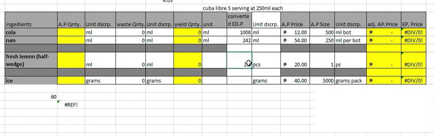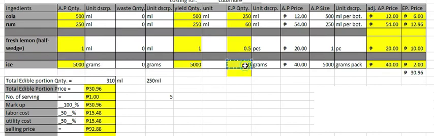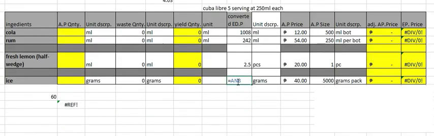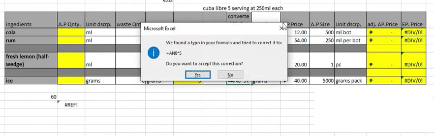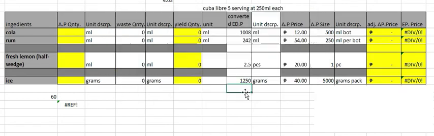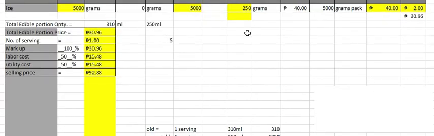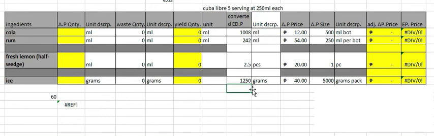Okay? So in short, we need 2.5. The same with your ice. Previously we need 250. Now we simply multiply the 250 by 5, which is our ideal number of servings. So from 250 per serving, multiplied by 5 is 1,250, good for 5 servings.